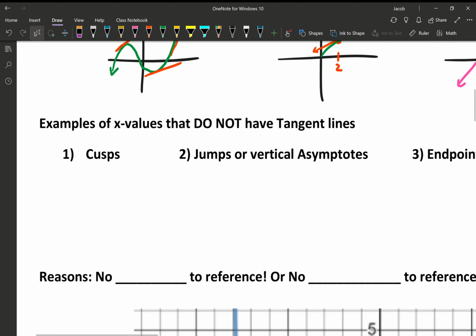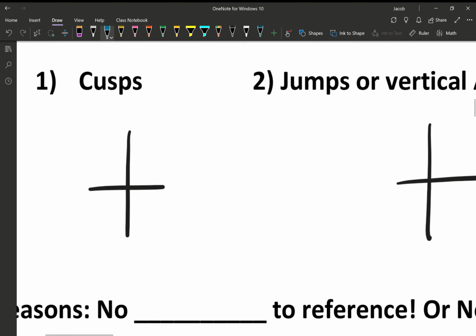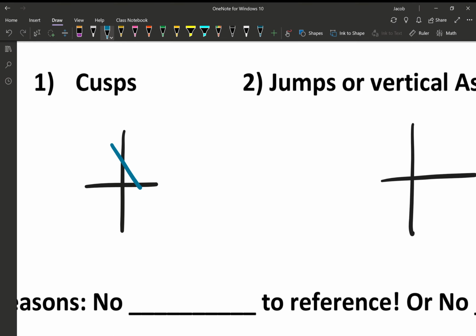And examples of x values that do not have tangent lines would include any cusp. So if we were looking at absolute value of x, we cannot draw a tangent line at the cusp. We can't just place a tangent line to the graph because it's not locally linear here.